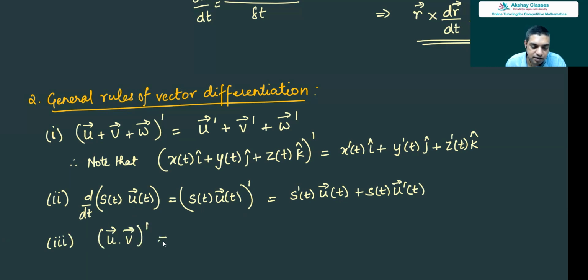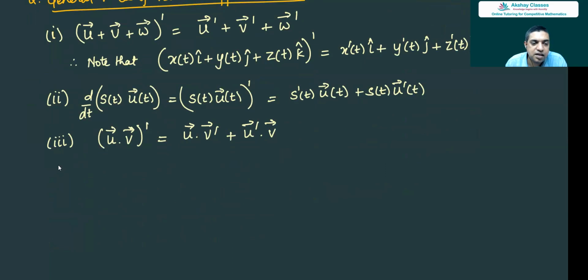Uv rule, this is vector dot product, derivative of vector dot product. So we get u dot v dash plus u dash dot v. Same uv rule, just that in between the product is maintained.